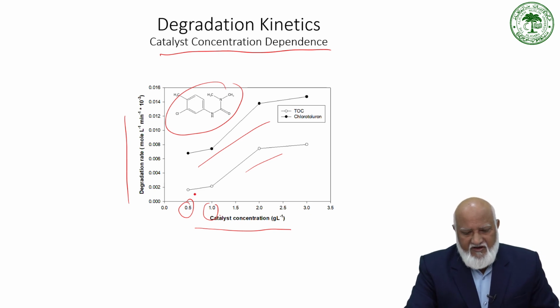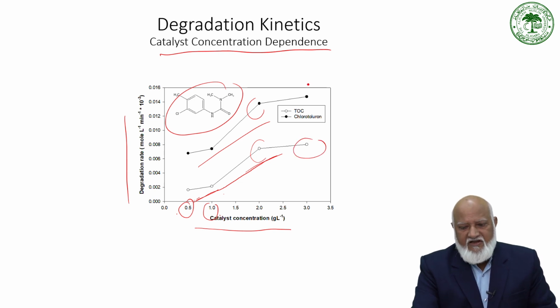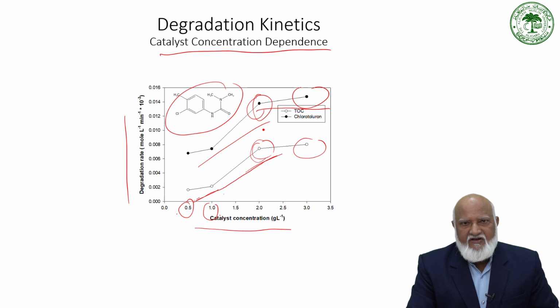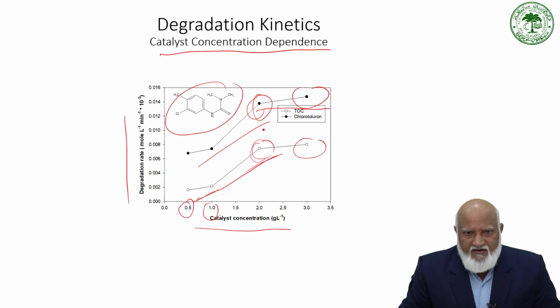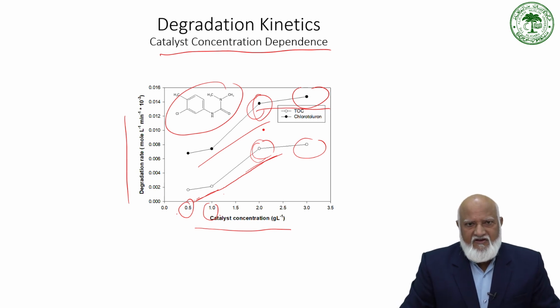You can see that when the catalyst concentration increases from 0.5 gram per liter to 2 gram per liter, the rate of the reaction increases all the way from 0.5 to 1 to 2, and then a further increase doesn't make much difference. That is the saturation of the catalyst, and any further addition does not make any difference; that is the leveling.